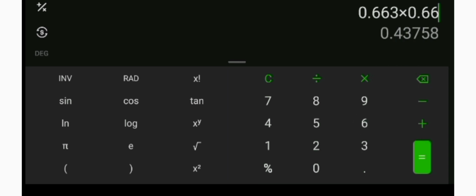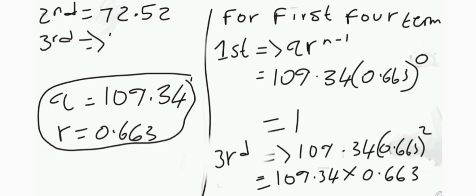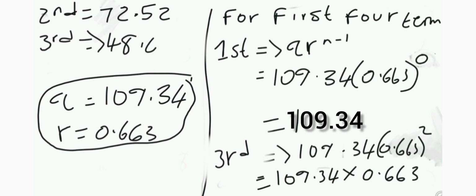So this is 0.663 times 0.663 times 109.345, or 353.345. So the final answer is 48.06.